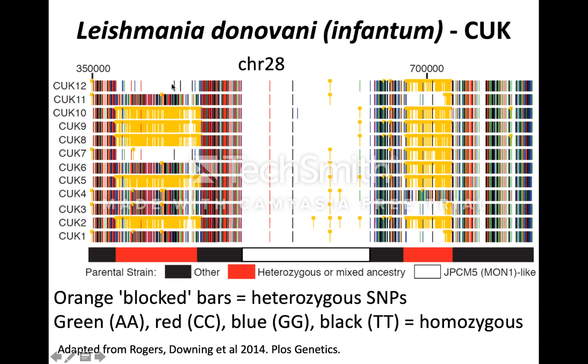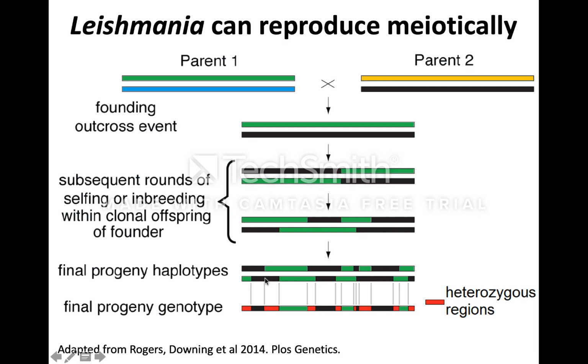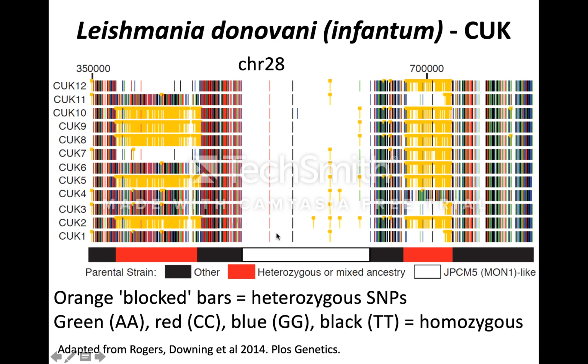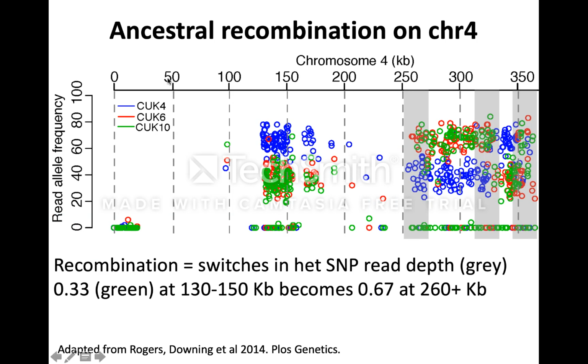Furthermore, the segments have a kind of block-like structure. So this is similar to our model shown here. So you see blocks that switch from one ancestry to another ancestry, or to somewhere in between. What is interesting about Leishmania, because of aneuploidy, is that we can actually look across a particular chromosome, shown on the y-axis here for chromosome 4, at the read allele frequencies.